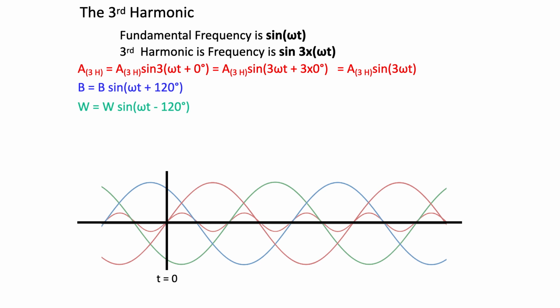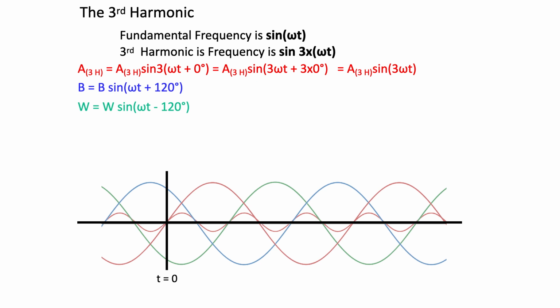And if we take the 3 times inside the frequency brackets, it's going to read A3H sine 3 omega t plus 3 times 0 degrees, which is equal to A3H sine 3 omega t.